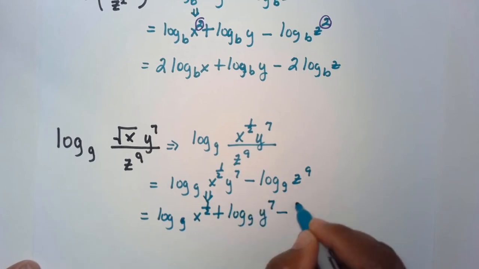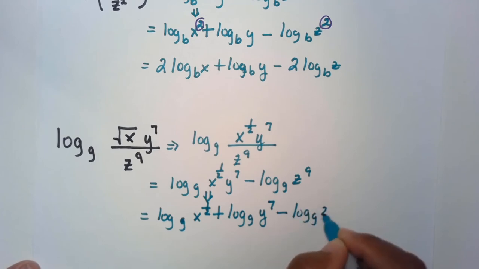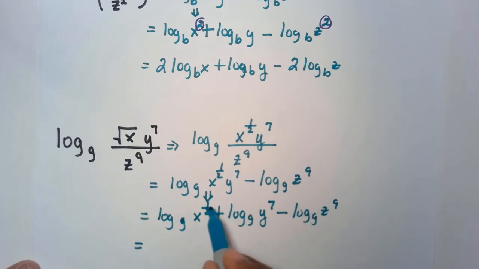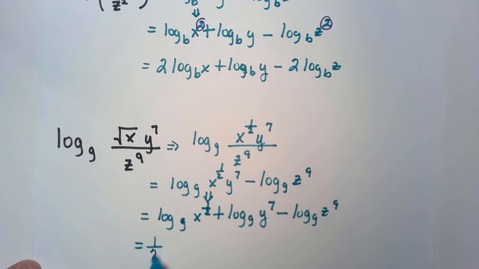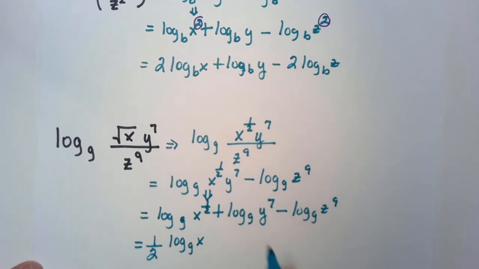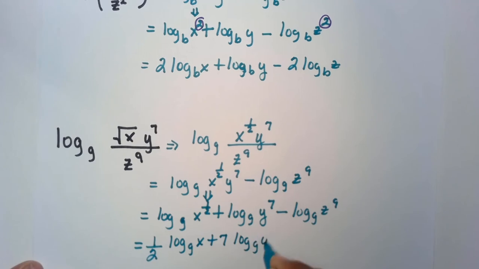Then bring down the minus log base g of z to the 9th. And then lastly, we're going to use the power rule where we take the exponents and bring them down in front of each log. So we have 1/2 log base g of x plus 7 times log base g of y minus 9 times log base g of z.